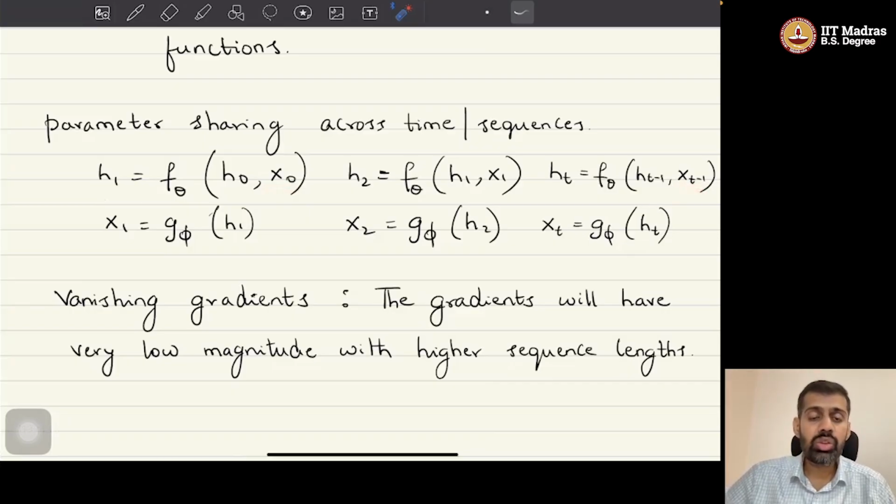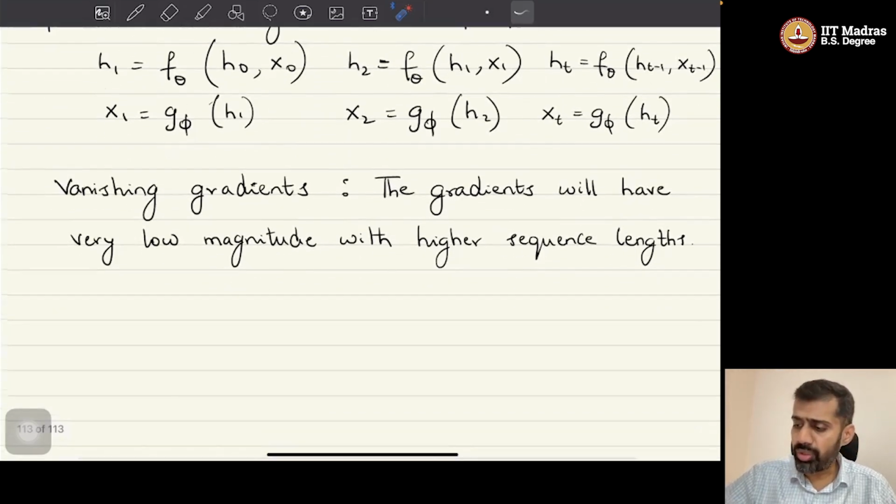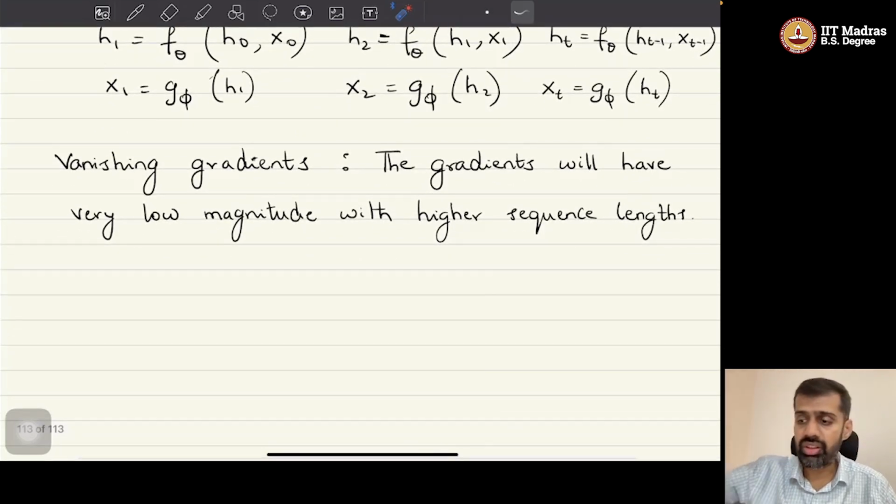This means that if we look at sequences of larger length, this ht may not be capable of compressing all the information required to generate the data point xt. So these were the known problems with the RNN kind of autoregressive architectures.